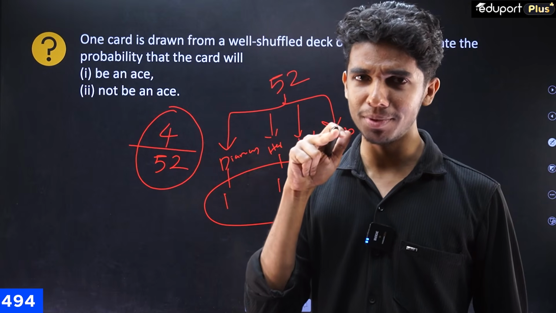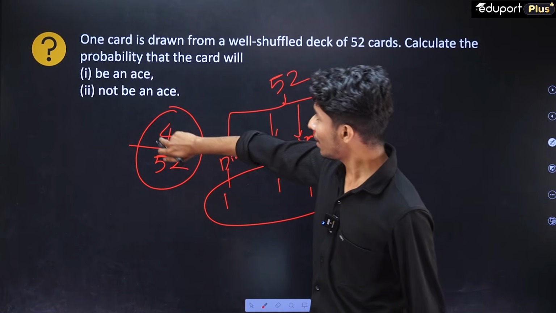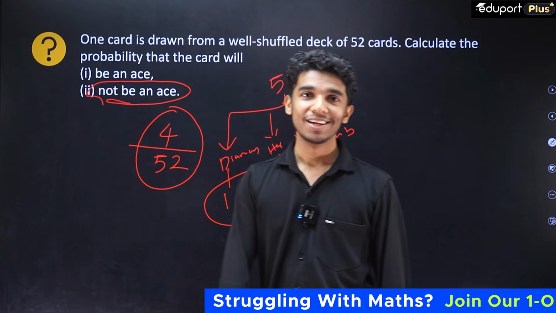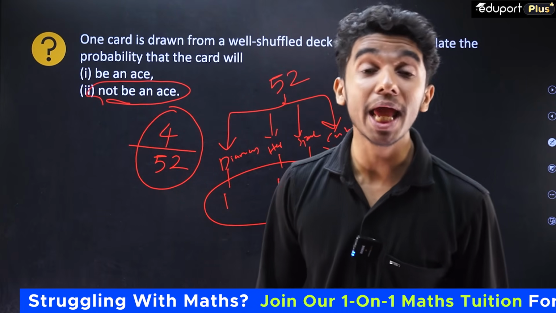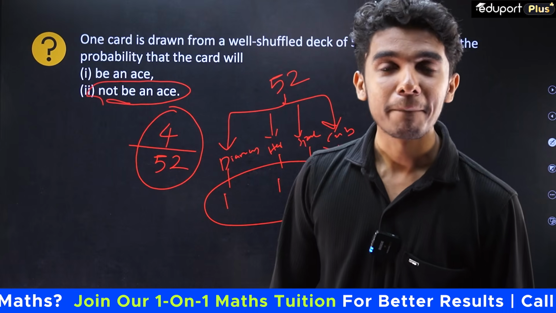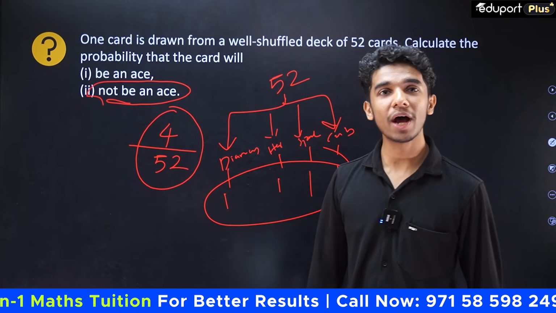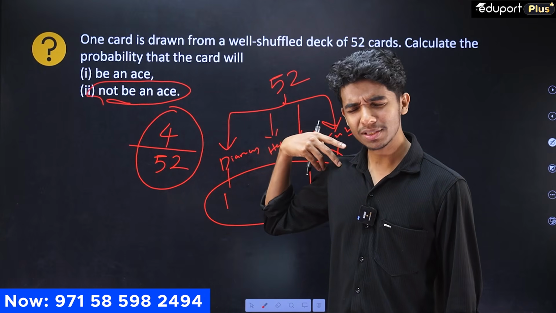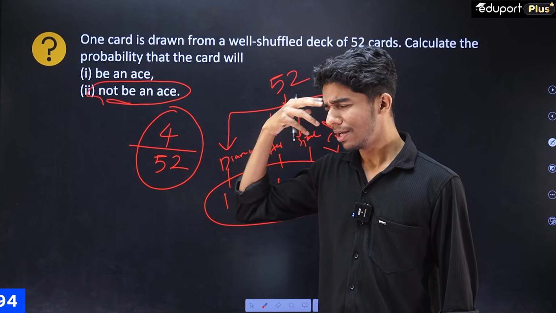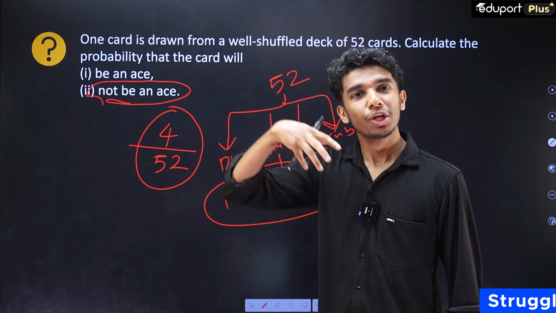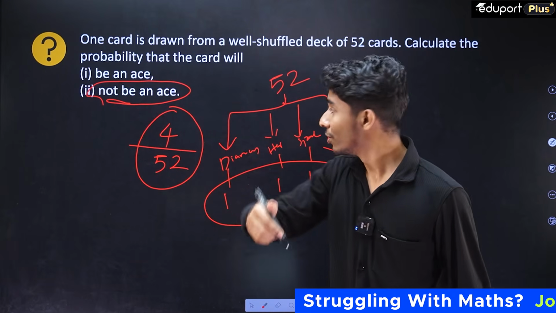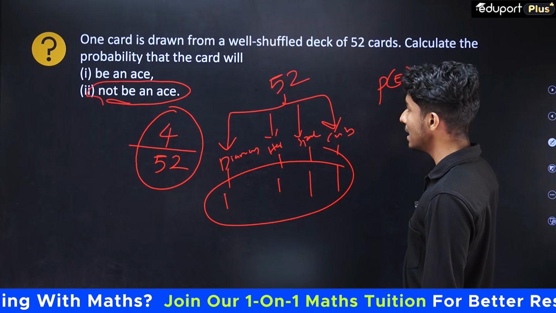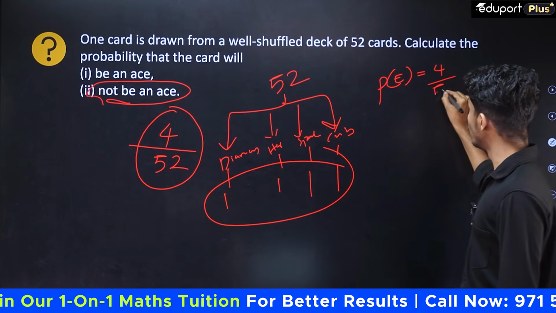But our problem is, find the probability that it is not an ace. You don't have to find and count all the other cards, or write all the other cards. You only need the probability of getting an ace, which is 4 by 52.